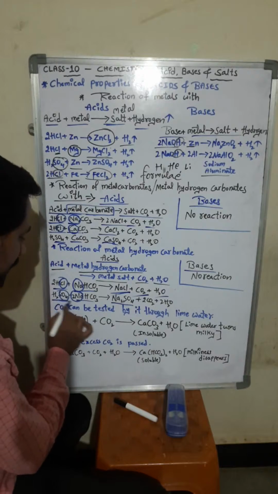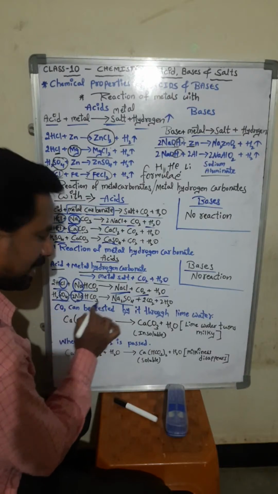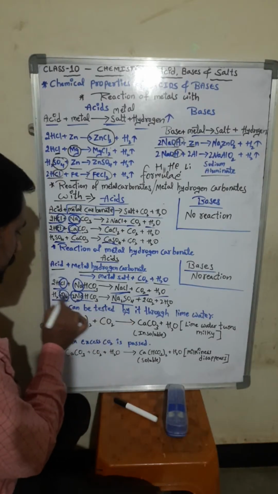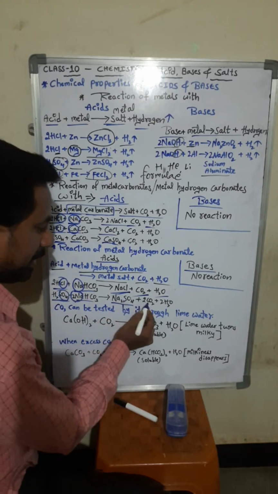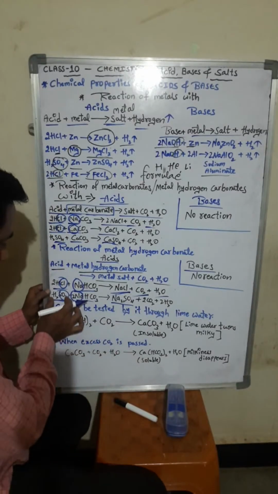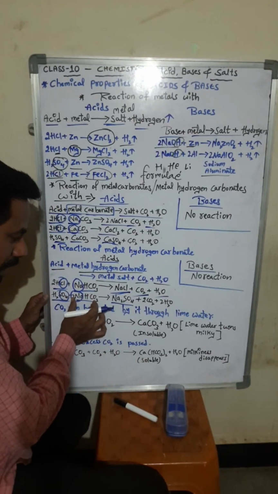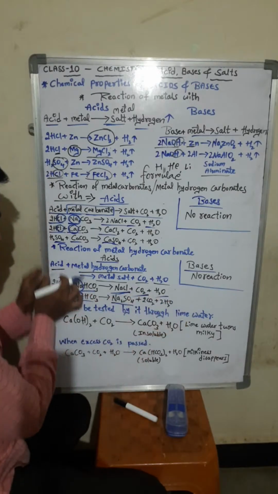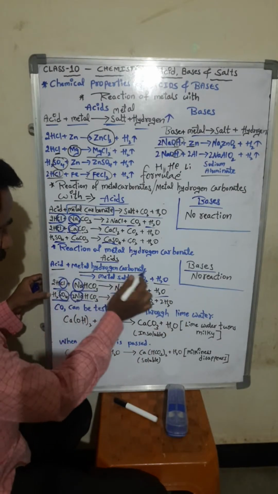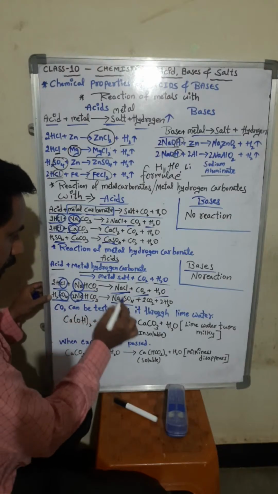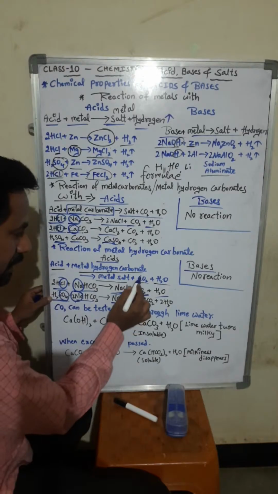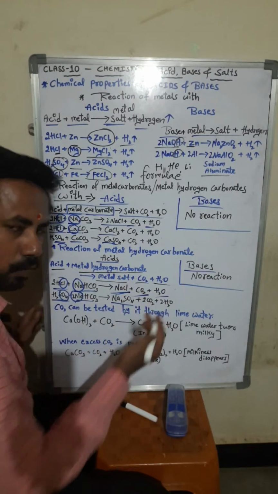Okay. Sulfuric acid, NaHCO3, so Na2SO4, carbon dioxide, water. Acid, metal hydrogen carbonate. After the arrow mark, metal salt, carbon dioxide, water.